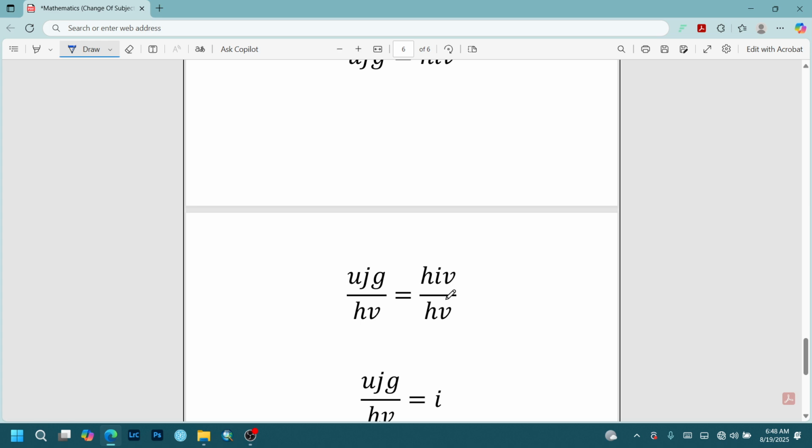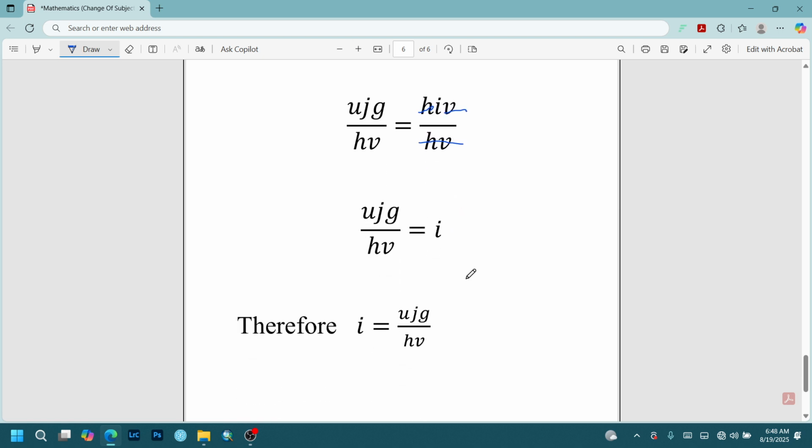So we cancel out hv here. hv will go into h and into v, leaving I as the subject of the relation. Therefore we have I to be the fraction ujj over hv as our final answer.